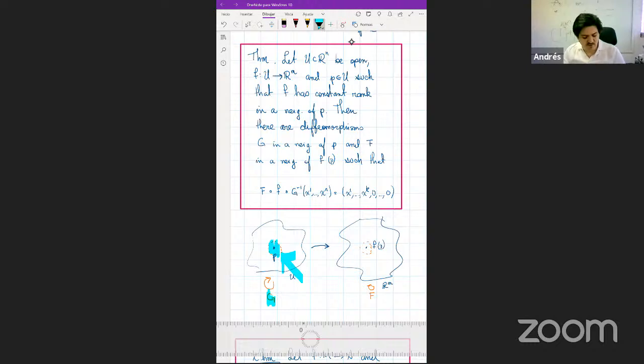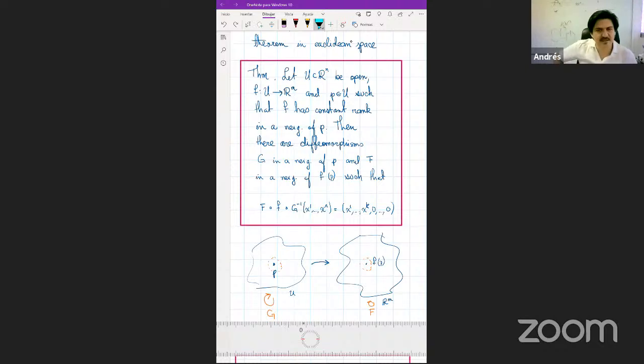But there is a diffeomorphism in the neighborhood of P, and also a diffeomorphism in the neighborhood of f of P, such that you can write this function like this.